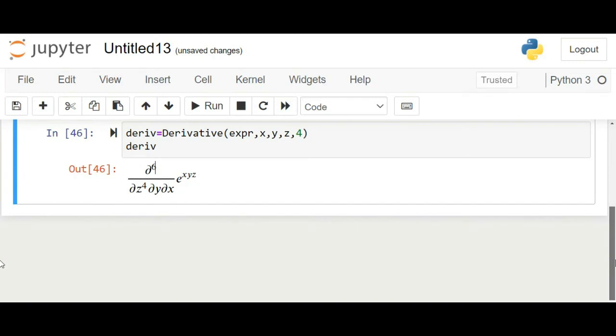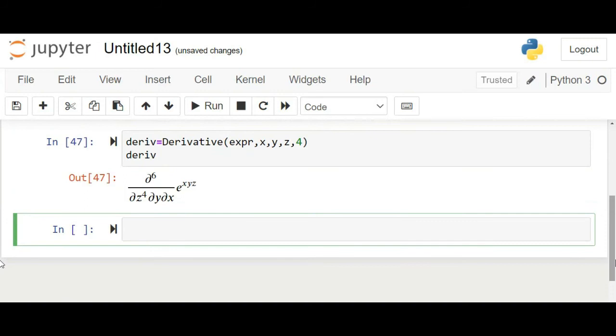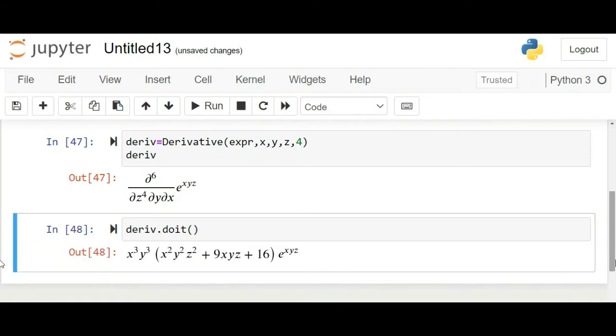Now we will move a little forward, which is just like the derivative of. Inside the parenthesis we shall not write anything. So this is okay.